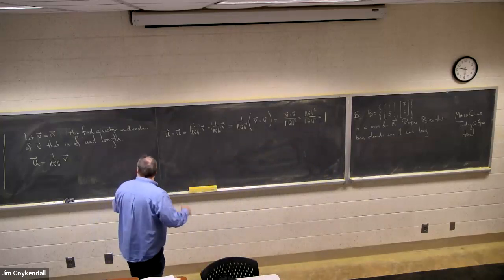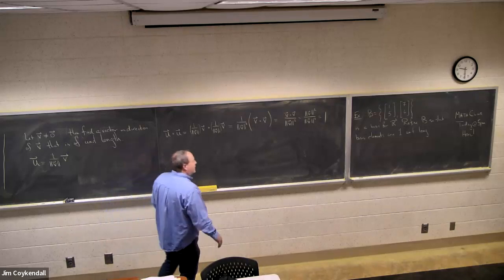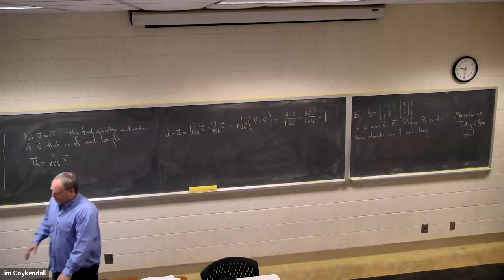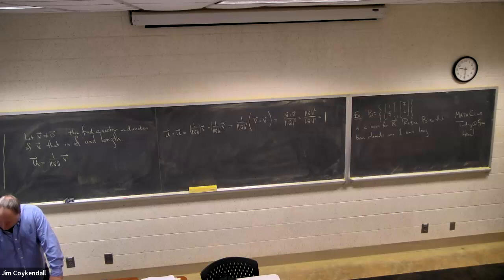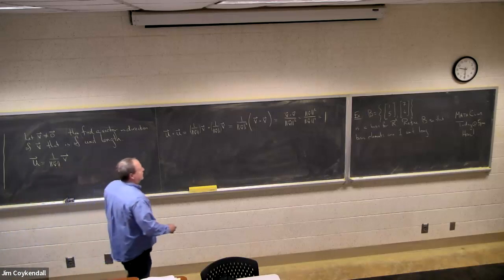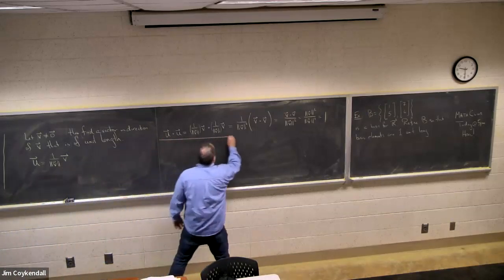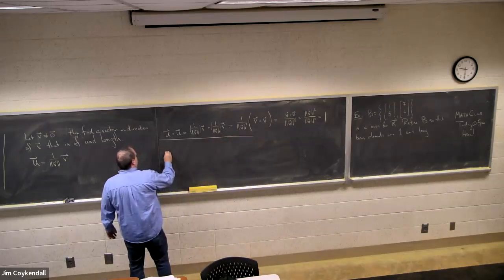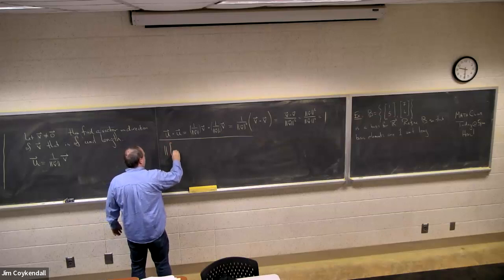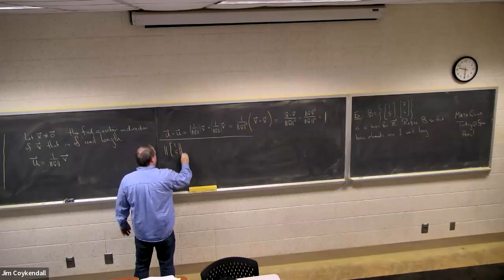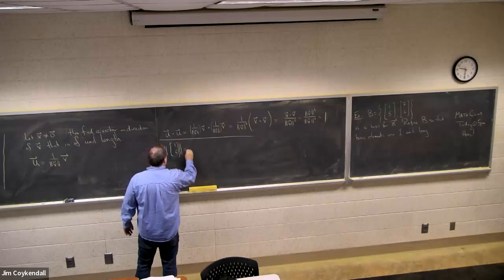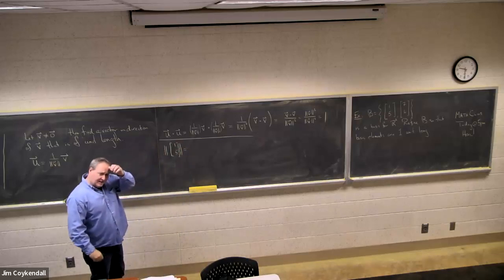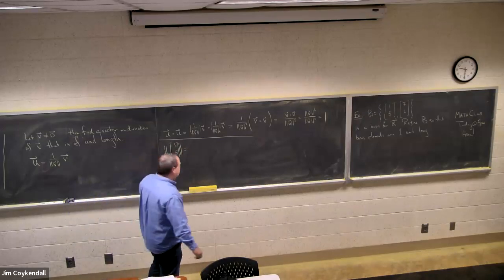So let's get back to our concrete example. I want to recalibrate my basis. What is the length of the vector (1, 5)?